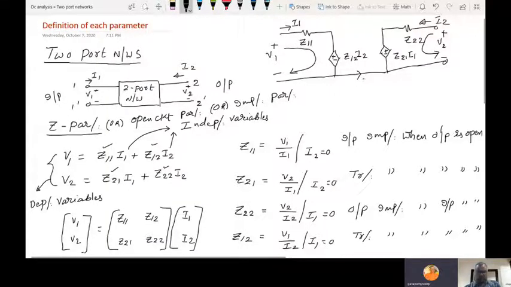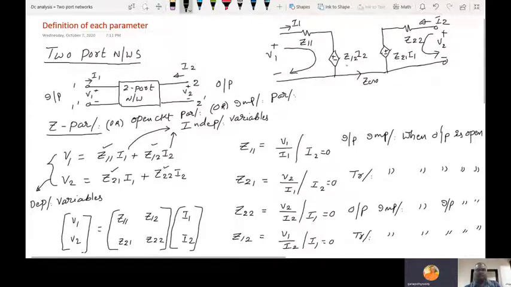What is the current in this? 0. Current will not flow here. If it is flowing, where is the way to come back? So it will not flow. Since current is not flowing, I can open it. But even though it is open, the left side circuit and right side circuit are dependent on each other.